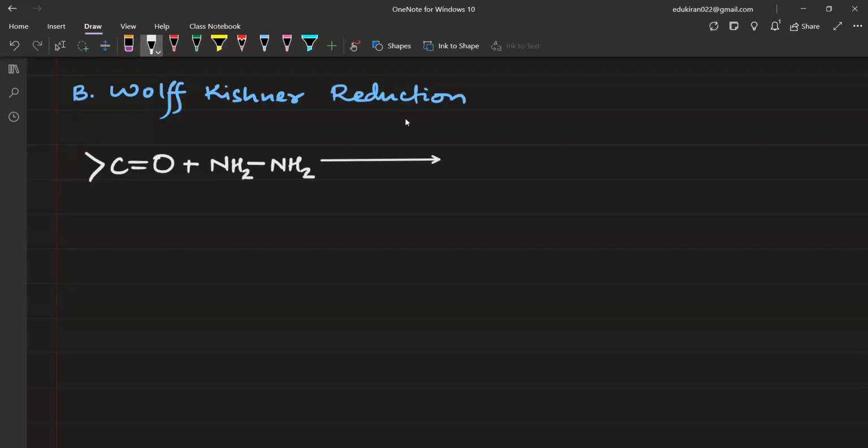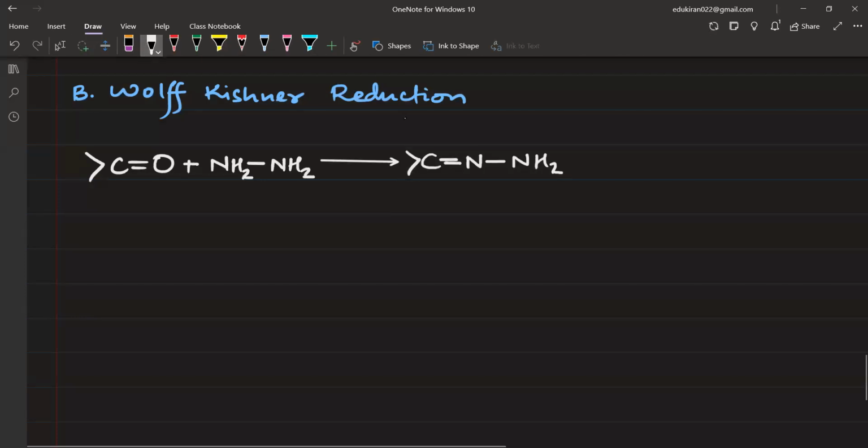Okay. So what it is going to give you, the H2 will be getting away with oxygen. We'll have carbon like this, doubly bonded with nitrogen, and then singly bonded with NH2. I hope you remember this from the nucleophilic addition reactions.